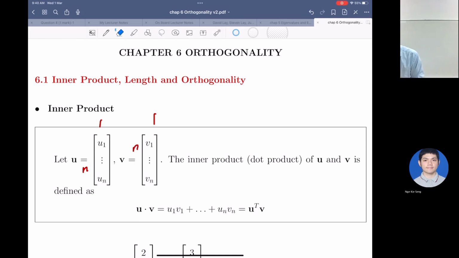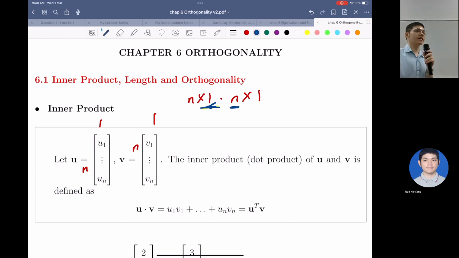So, n times 1 vector, n times 1 vector. How do you multiply? In the matrix, we always want this part and this part to be the same n, right? How do you make it the same now?